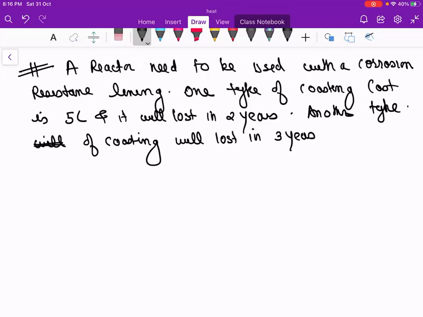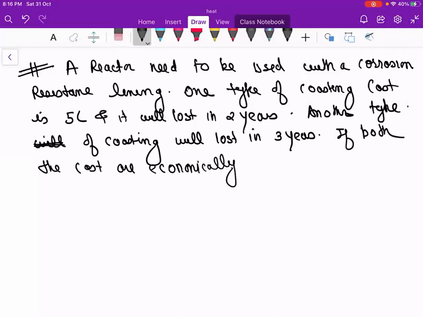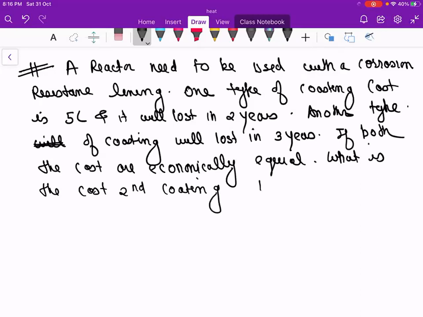If both the costs are economically equal, what is the cost of the second coating? i equals to 0.18 yearly.